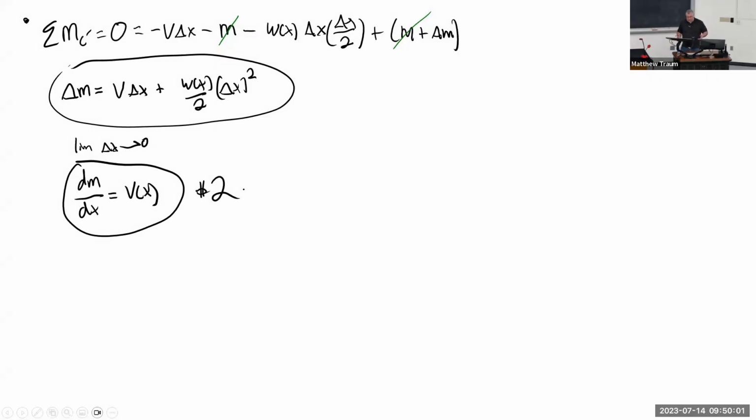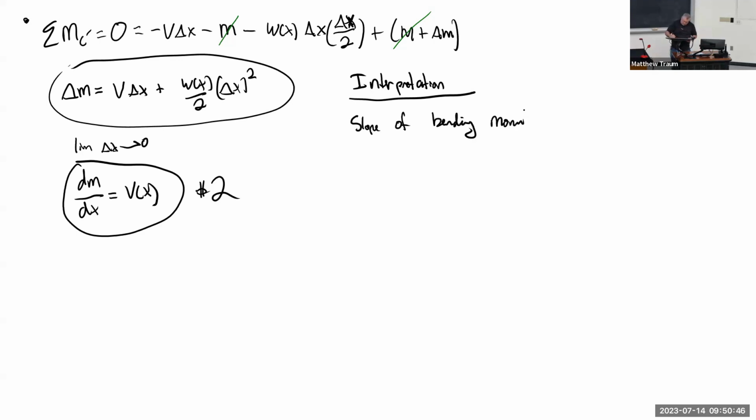Okay, so this is my interpretation: the slope of the bending moment diagram is equal to the shear force at a point.